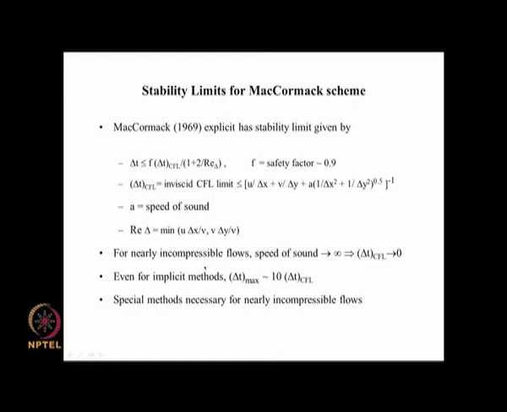All those things are simultaneously changing, and so for implicit methods also one usually recommends a delta t which is not more than 10 times the delta t that you would use with the corresponding explicit method. So, that means that the methods that we have looked at for compressible flows cannot be straight away used for incompressible flows, and so this gives us a problem.